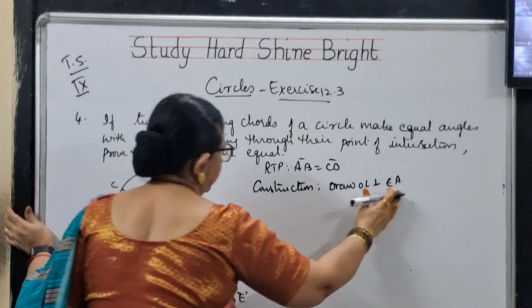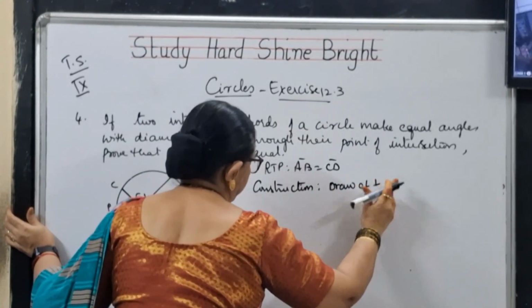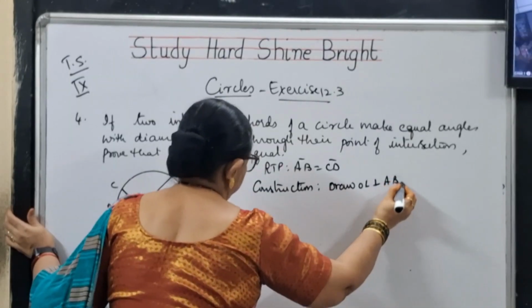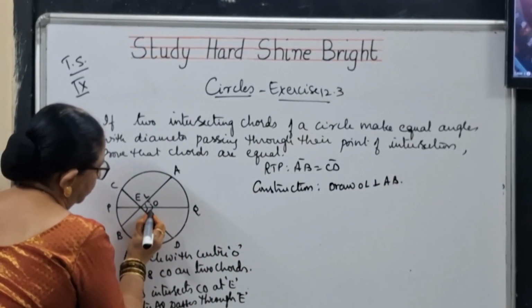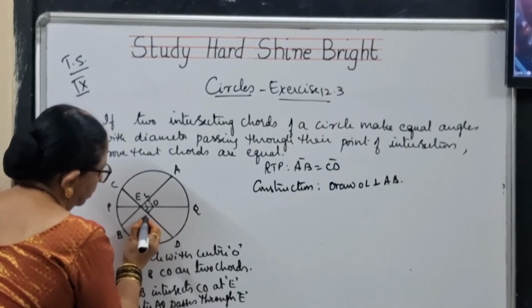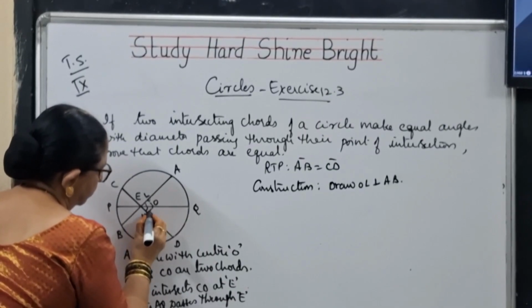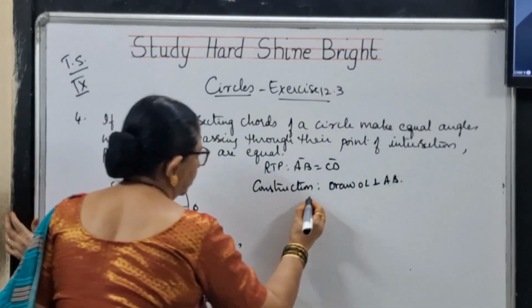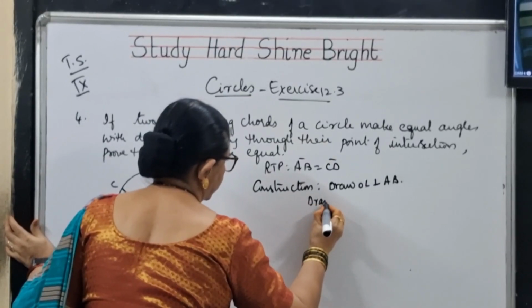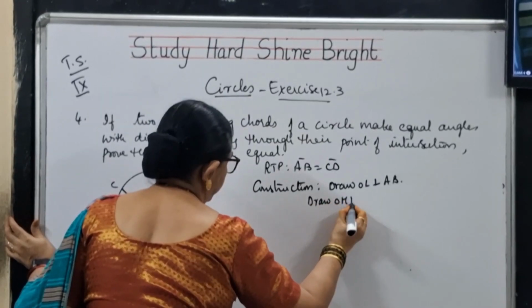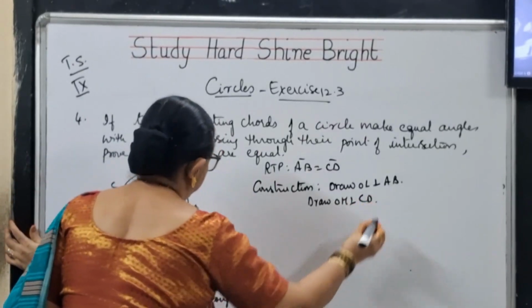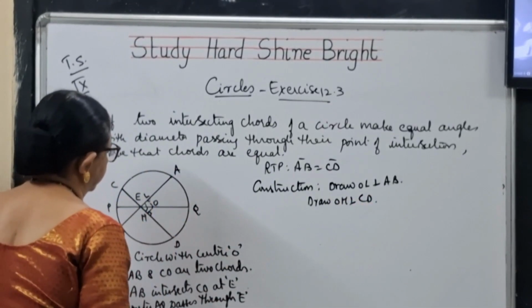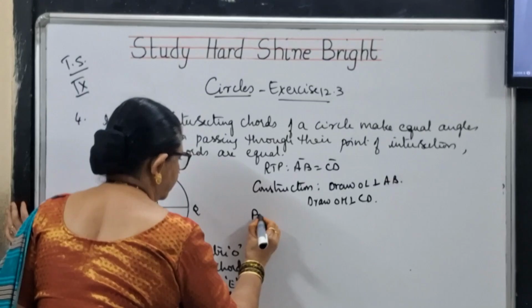Perpendicular to EA you can write, or perpendicular to AB also you can write. Similarly, draw OM perpendicular to CD. This is your construction. Now proof.